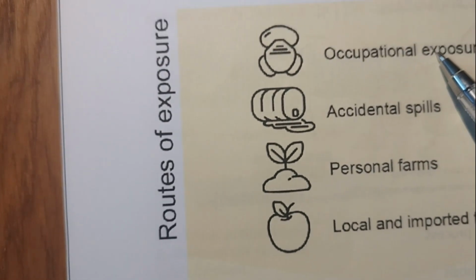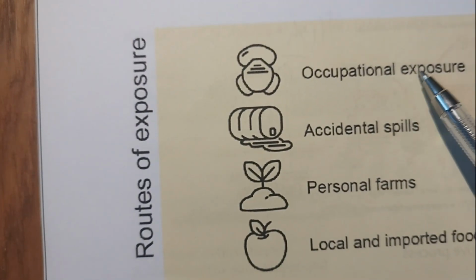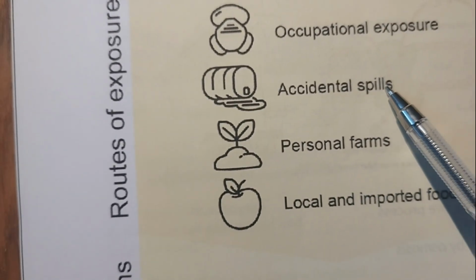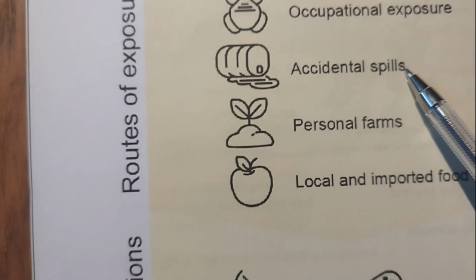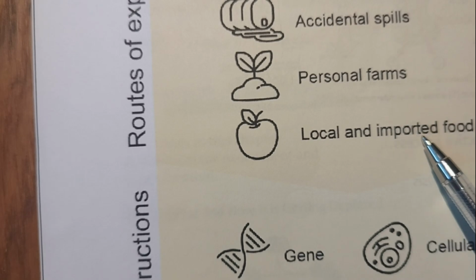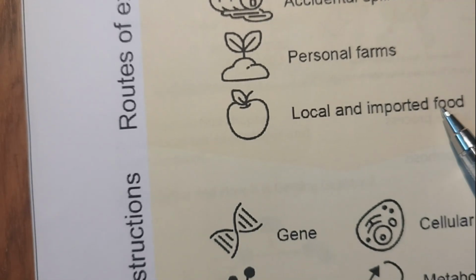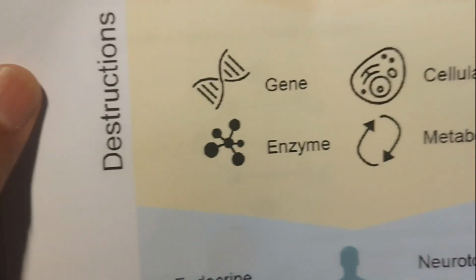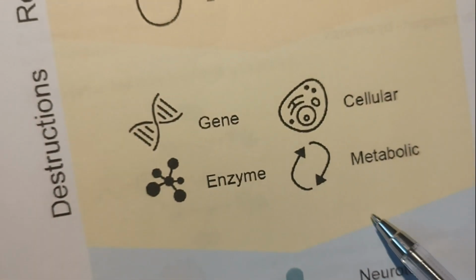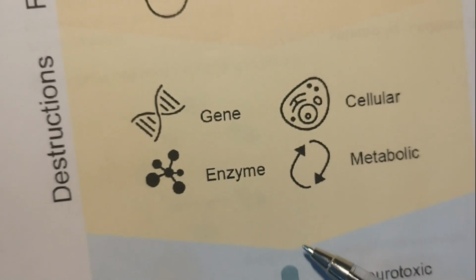The routes of exposure: occupational, such as in farmers when they inhale or get in contact. Accidental spills can happen in shops, industries, or again in farming locations. And the food that we eat can expose us to polluted products.